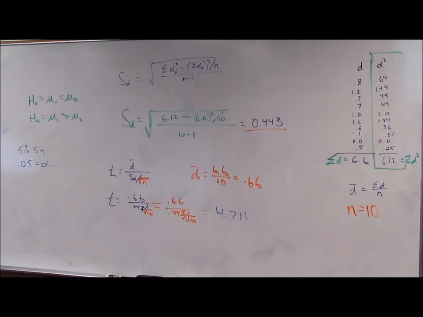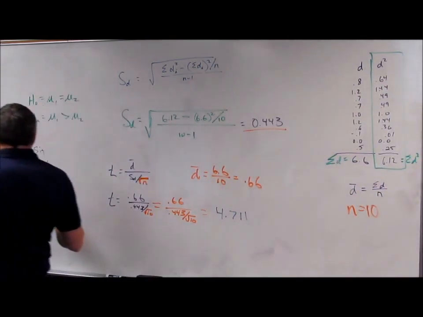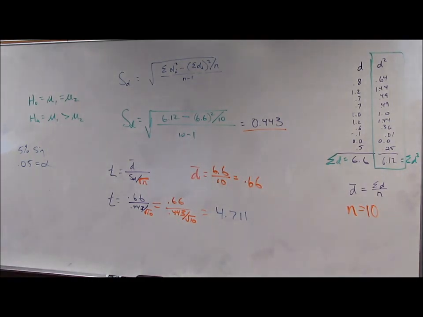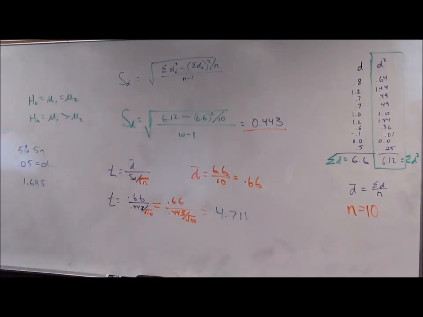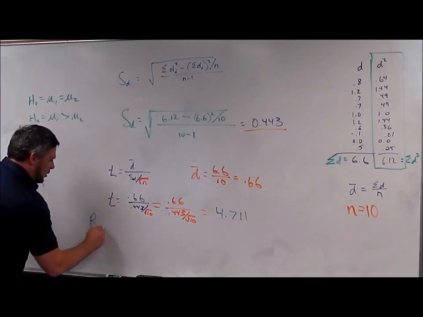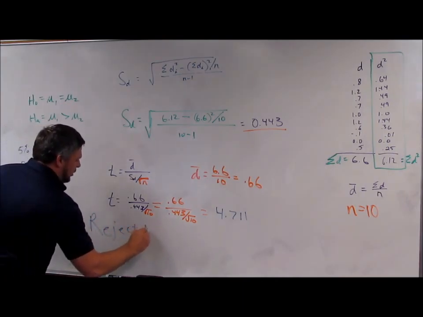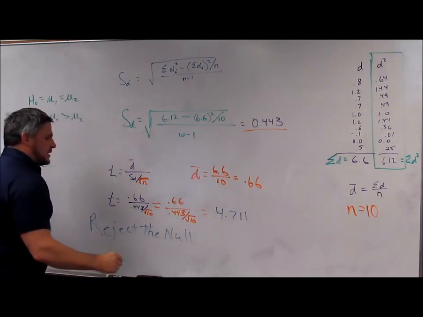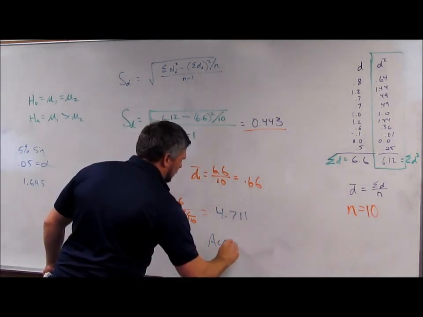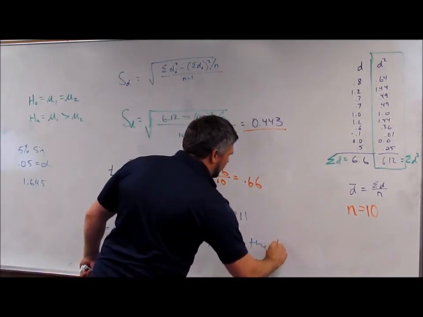Oh, sorry, 1.645. It has to be greater than this. Is this greater than that? Yeah, significantly greater. So now what can we do? Reject the null. Accept the alternative.